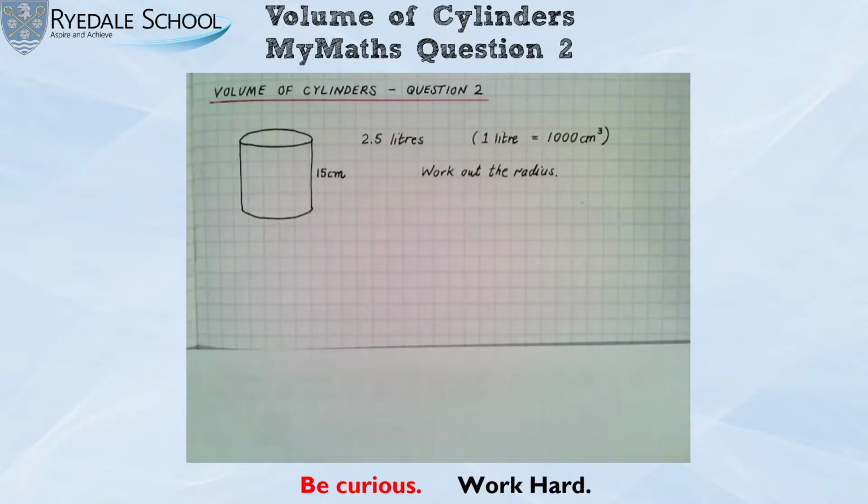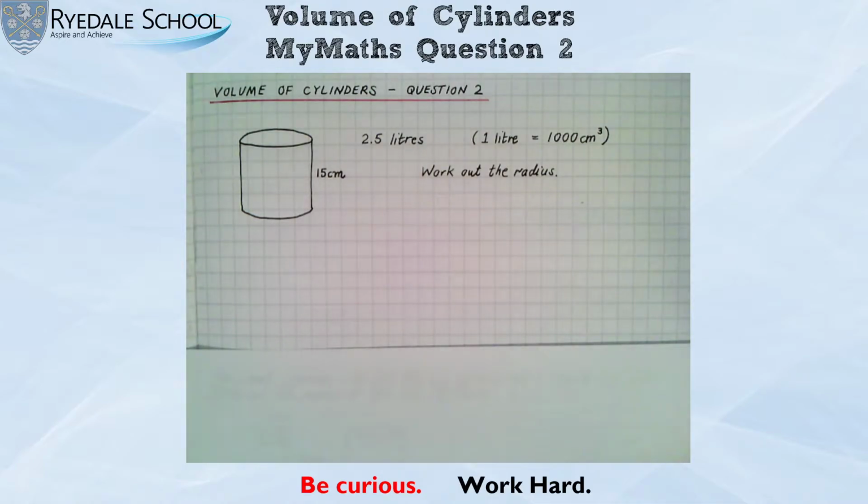You can see I've already written it out. We are told that the tin of paint holds 2.5 litres. We are also told the height of the cylinder that the paint is in is 15 centimetres, and we need to work out the radius. We've also been told in the question that a litre is equivalent to 1,000 centimetres cubed.